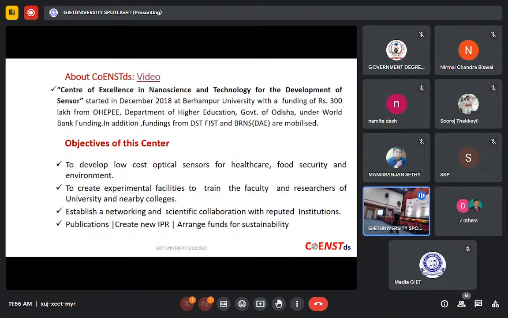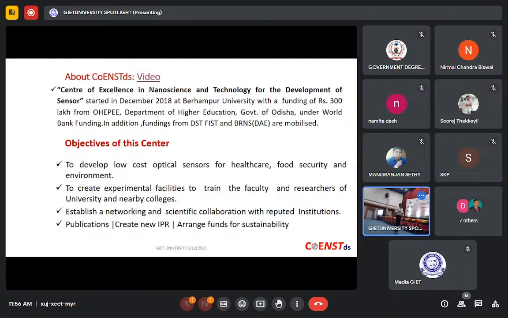This is the center we started in December 2018, and the main objective of the center is to develop low-cost optical sensors for healthcare, food security, and environment. So we are trying to develop low-cost prototypes for applications in food security, environment, and healthcare.